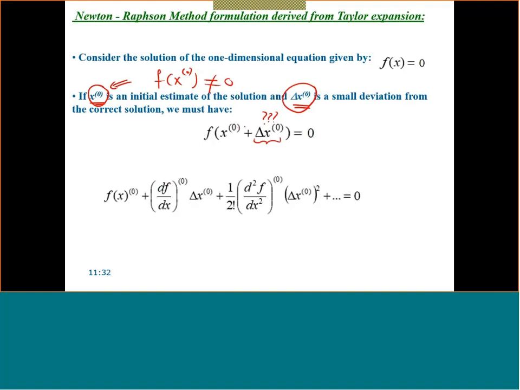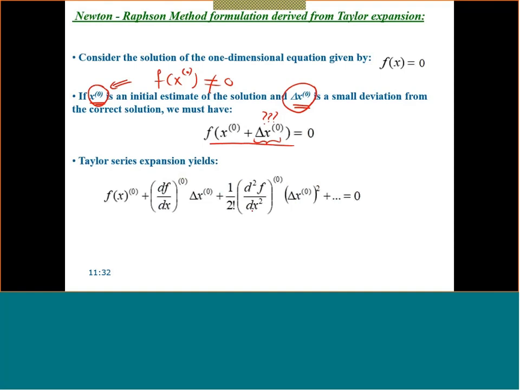Now, if we use the Taylor series expansion, this is equal to f of x at 0 plus the derivative of f with respect to x times delta x of 0. This 0 all refers to the initial guess, plus 1/2 factorial, the second derivative of f times delta x 0 squared, plus, and we can move on.